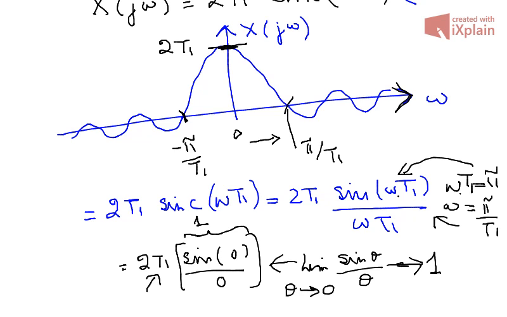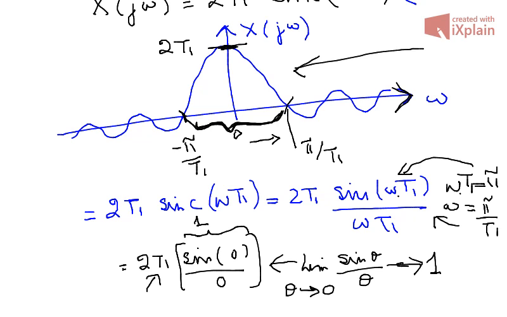Later on you will see that the first null is important because it defines the main bandwidth of this signal, and this is known as null to null bandwidth of x of t, X of j omega.